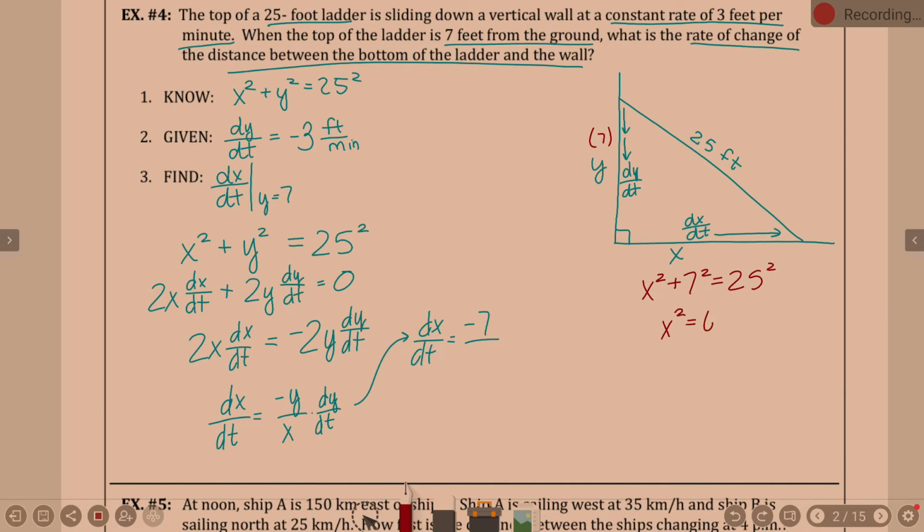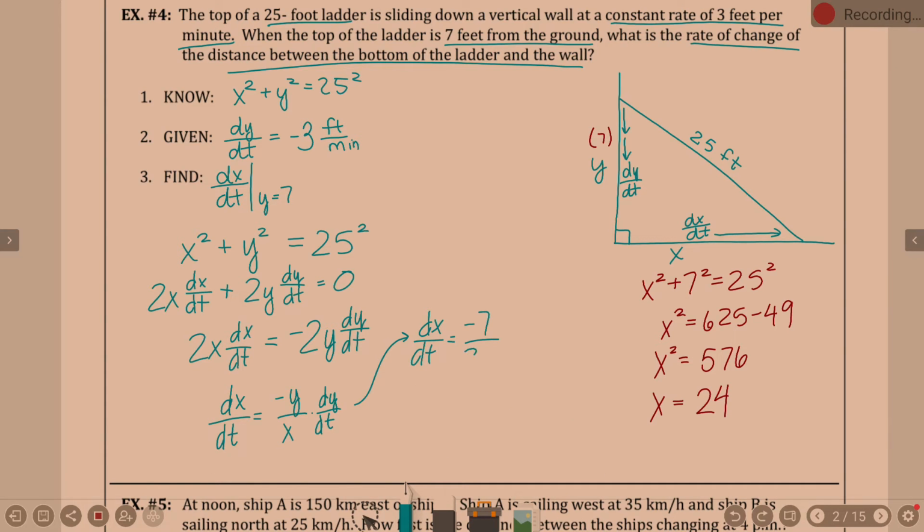So x squared is 625 minus 49. X squared is 576. Square root of 576 is 24. Sure, it is, I promise.